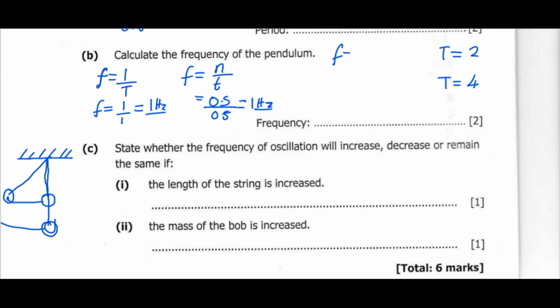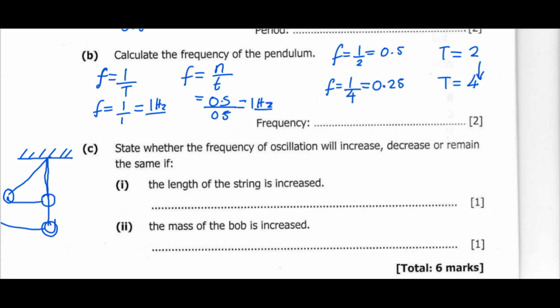So let's calculate frequency. If period is equal to 2, then frequency will be 0.5. Now let's calculate the second frequency when period is increased from 2 to 4. So this will be 1 divided by 4, which is giving us 0.25. So I want you to take note of this. We increase period from 2 to 4. What happens to frequency?